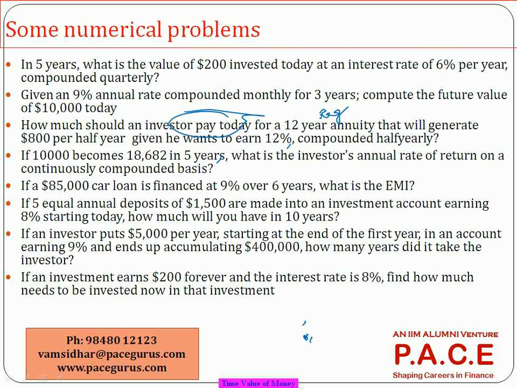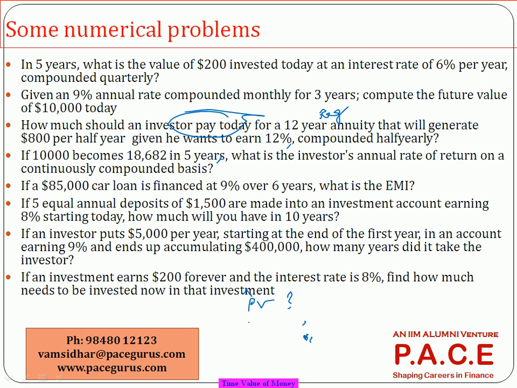How much you have to pay for acquiring a bond today, or a deposit which is promising that they'll give you 800 for every 6 months for a 12-year period. And from an investor standpoint, he is expecting 12% return compounded semi-annually. So for me, I have to find out the PV.